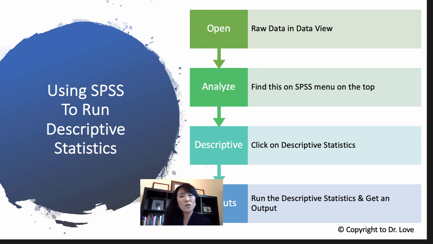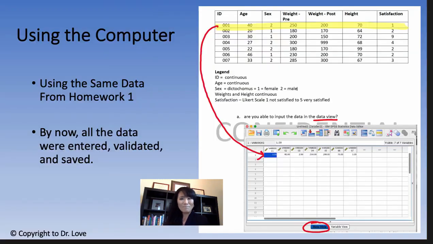You're going to find this on the SPSS menu that pops up. Now you're going to have an SPSS file as opposed to when you first opened up SPSS. And you're going to analyze the data by using descriptive statistics. And then you're going to see what an output looks like on SPSS. So you guys ready?